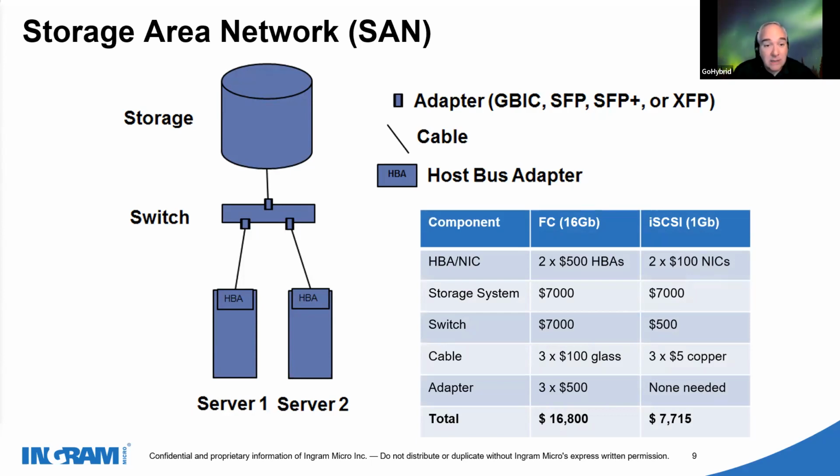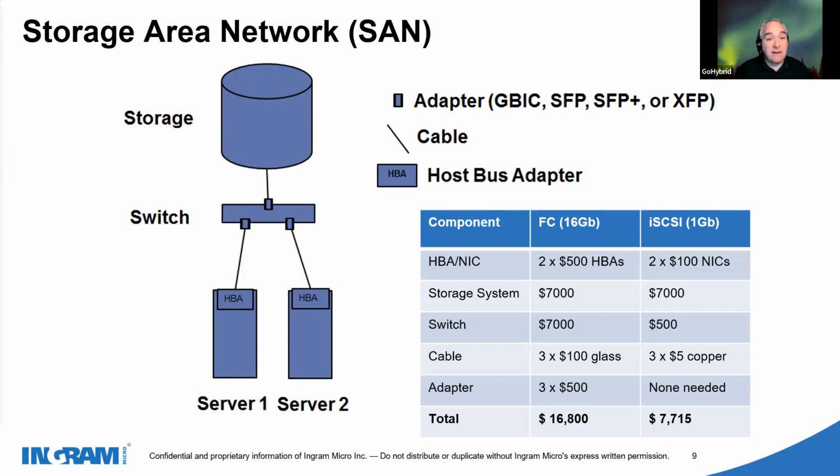I'm going to need 3 glass cables, which would be about $100 each, and 3 of those SFP plus adapters, which can be about $500 each. So my entry level cost in a fiber channel SAN is going to be $16,800, not counting the drives that I need to put in my storage system that actually hold my data. But the basic infrastructure for that SAN is going to be about $17,000, just as a rough estimate.